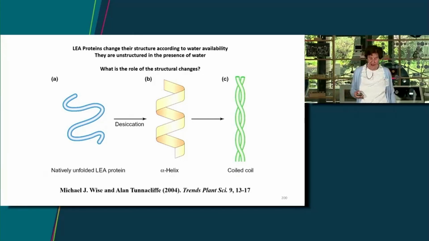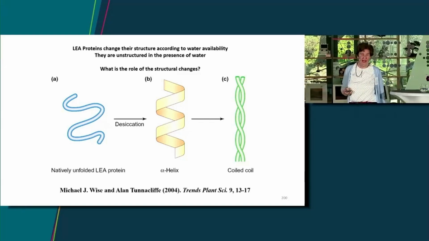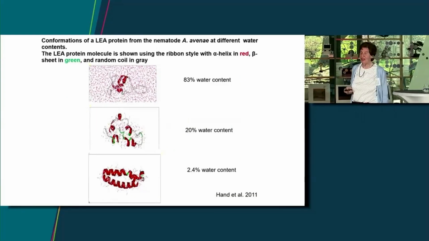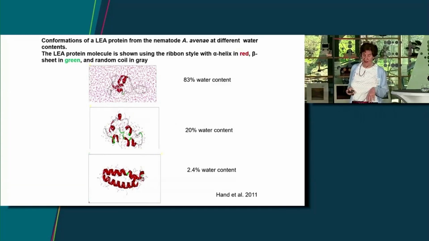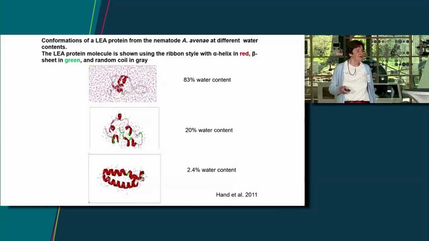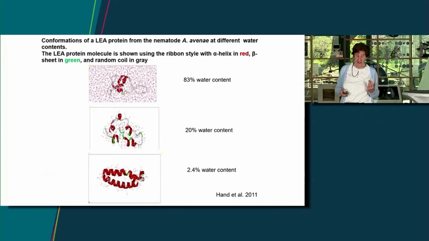And now this has been confirmed, and not only from plants, but there are also some desiccation tolerant nematodes. Most interestingly, these nematodes also make some Lea proteins during the dehydration. What you see on this slide is exactly what I tried to show you in the previous slide, that these Lea proteins assume a structure only during the dehydration.